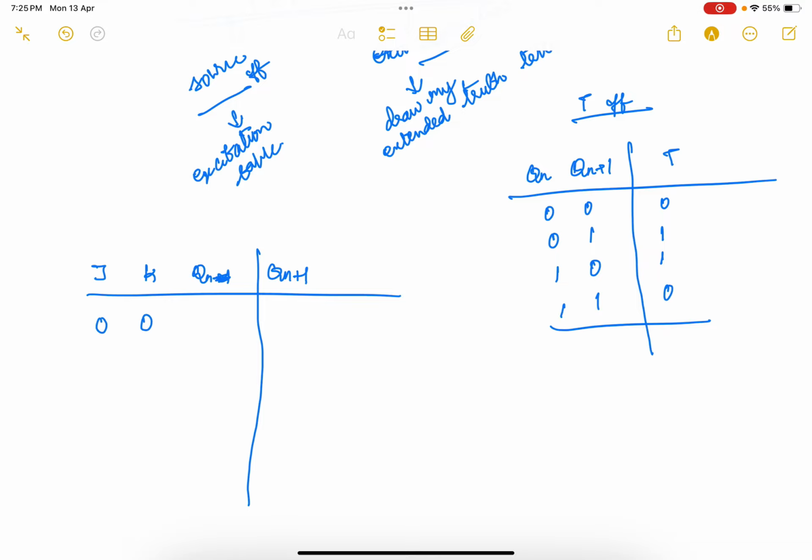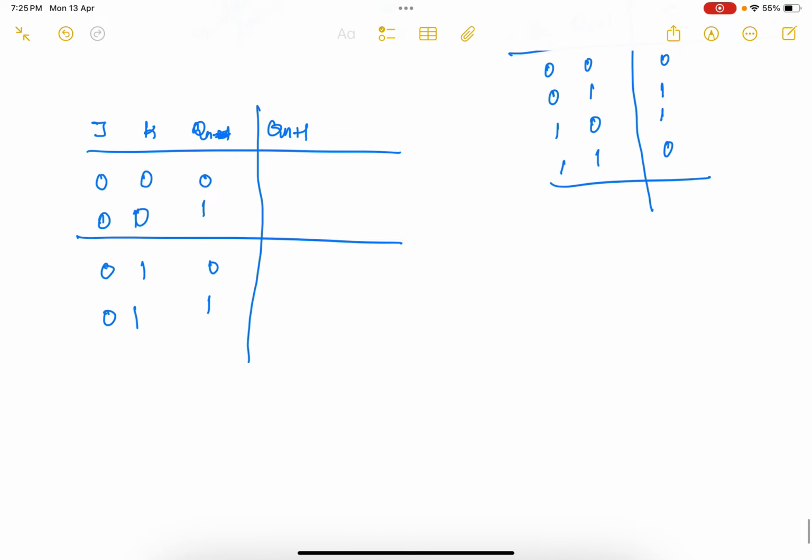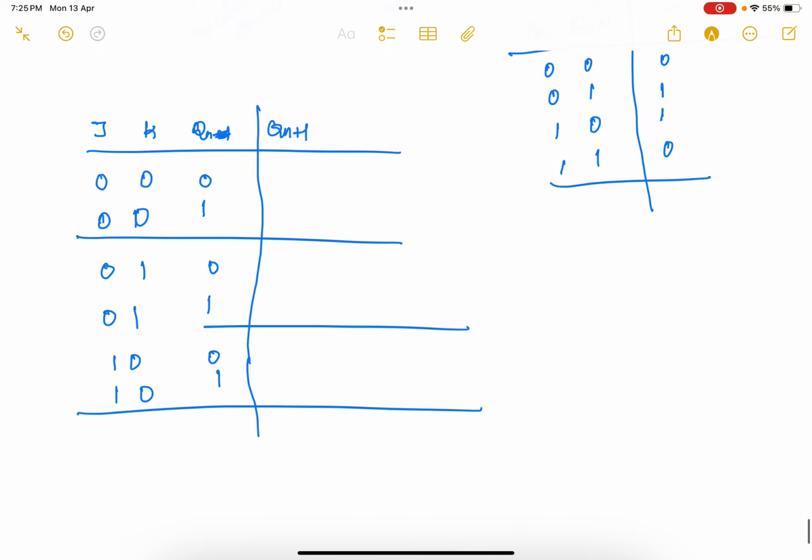So 0 0, 0 1, 1 0. Whether the present state may be either 0 or 1, and next thing is for 0 1 condition also present state can be either 0 or 1. And next thing is for 1 0 condition also present state can be either 0 or 1, and for 1 1 condition also present state can be either 0 or 1.